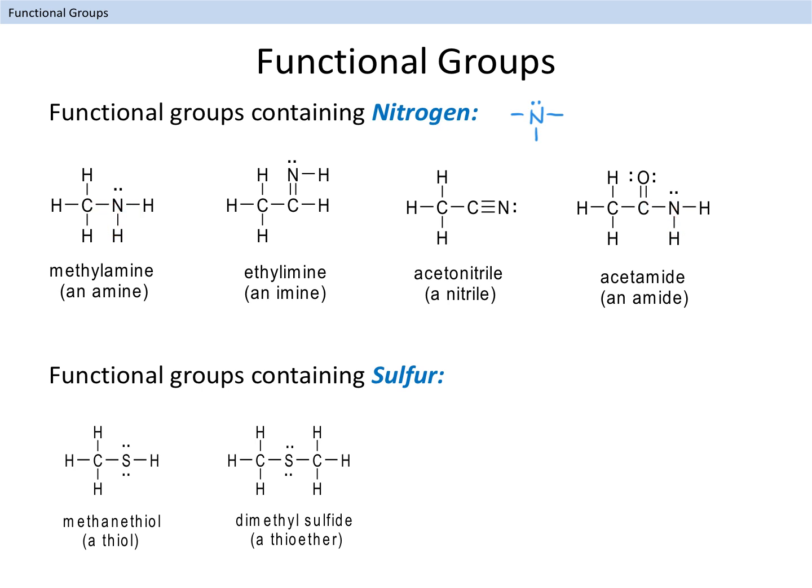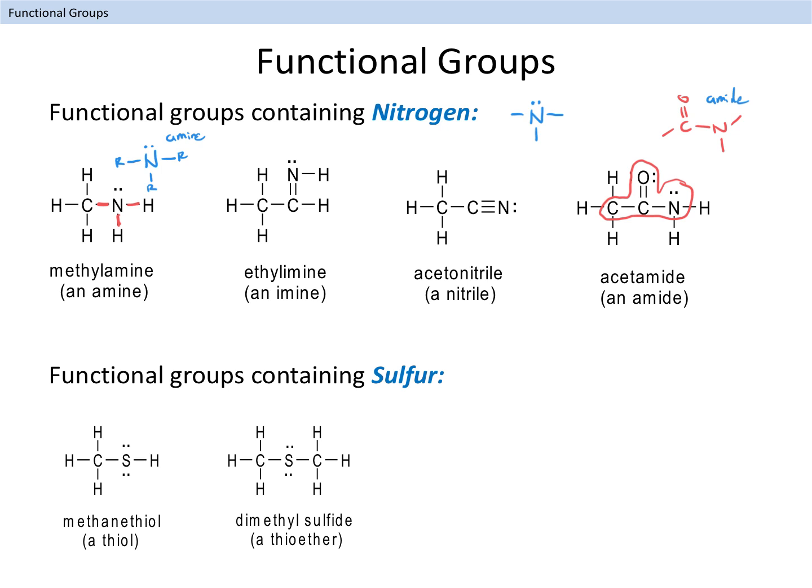The only difference between amines and amides is that in amides, the nitrogen atom is bonded to a carbonyl group. So, amines are a functional group that has nitrogen with 3 single bonds, whereas amides have a carbonyl group bonded to an amino group. Amino is just a term to describe a substructure where nitrogen has 3 single bonds.